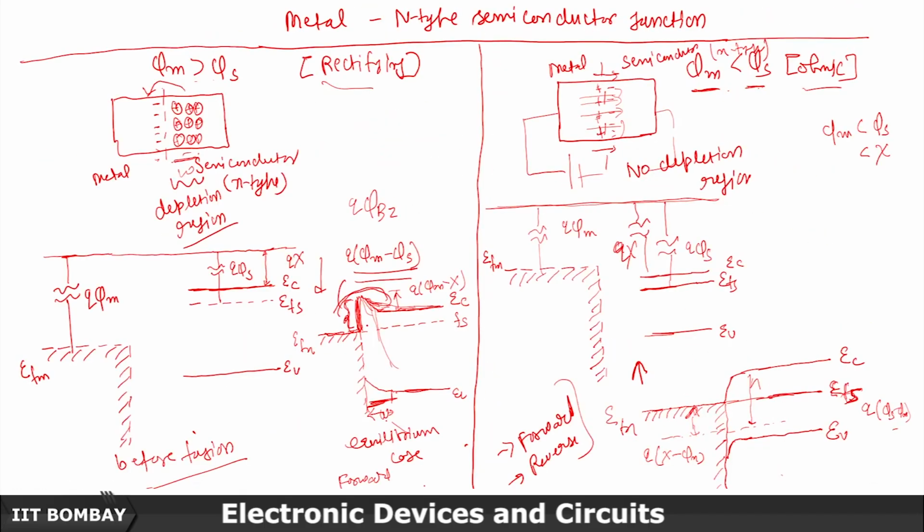Now I will talk about, or maybe before I talk about under what condition this rectifying behavior can be converted into an ohmic contact in the case of metal and N-type semiconductor where phi m is larger than phi s. So basically here, what we can do about this depletion width so that electrons can drift or tunnel from here to here.